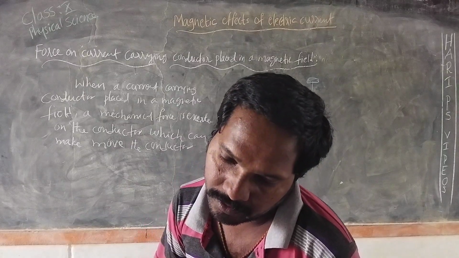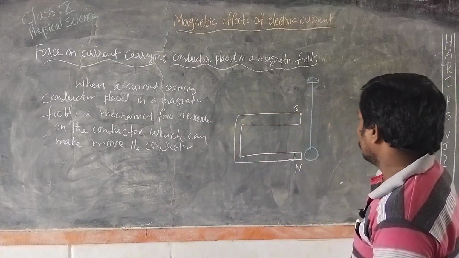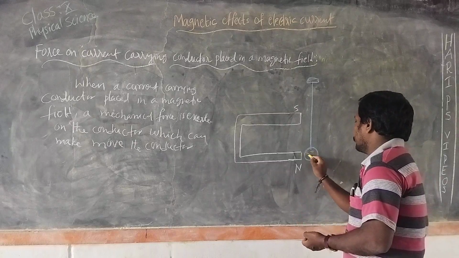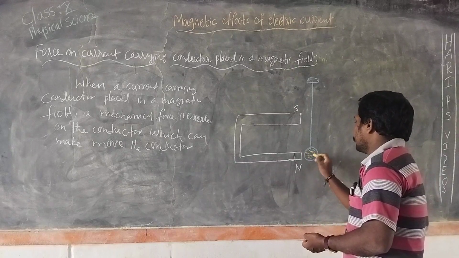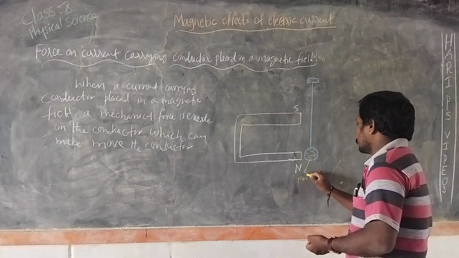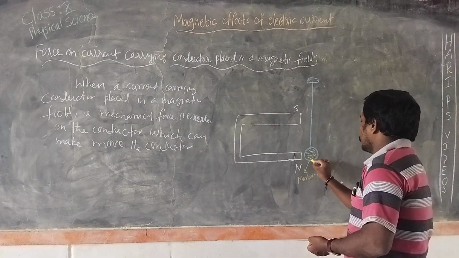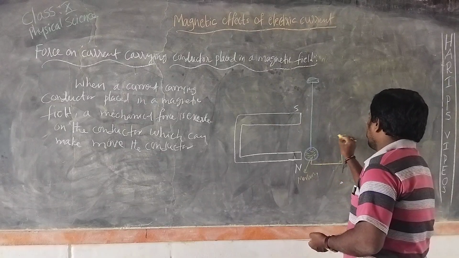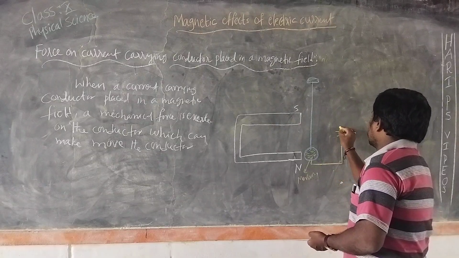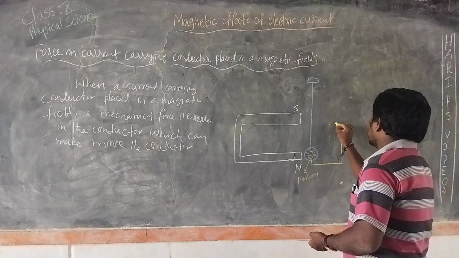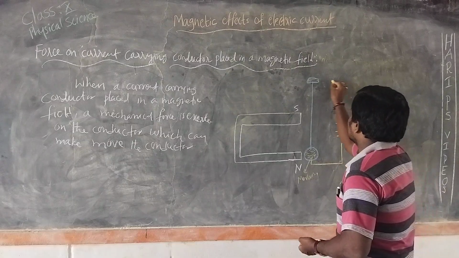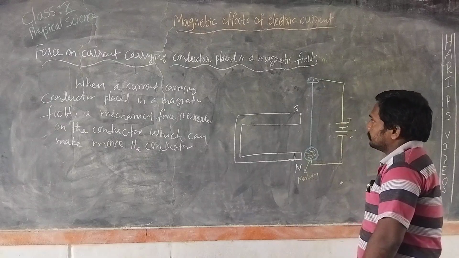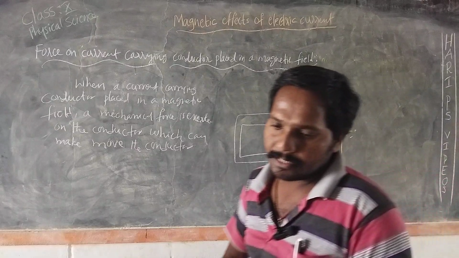This small vessel is filled with mercury. Then the other end of the wire is connected with a battery. This is the experimental setup.